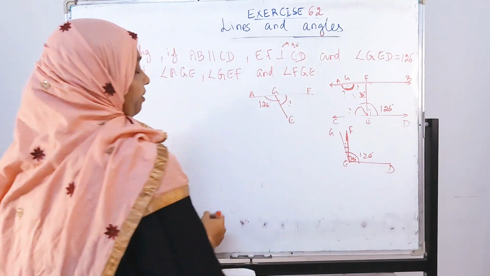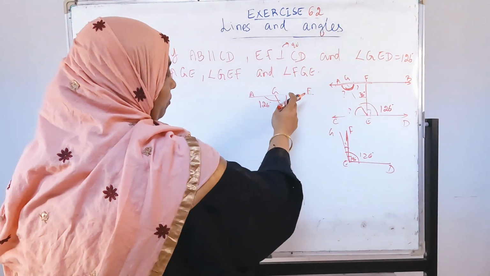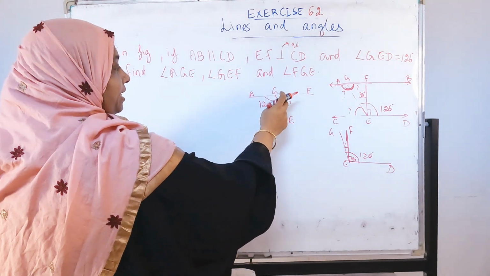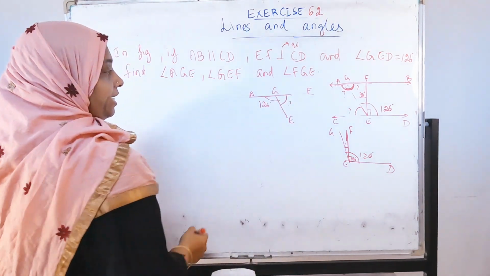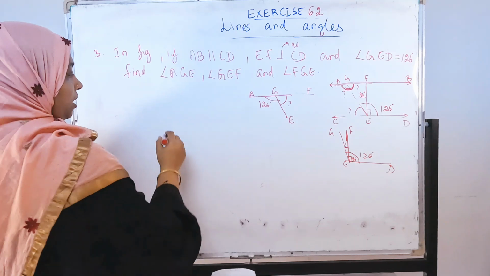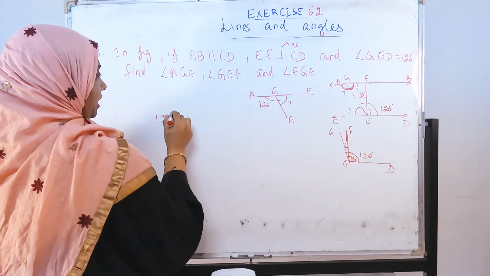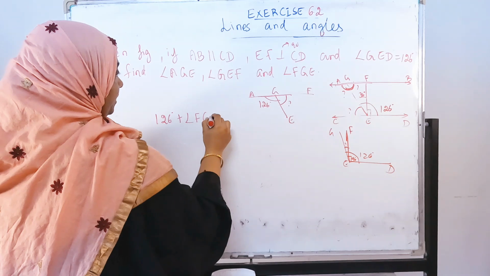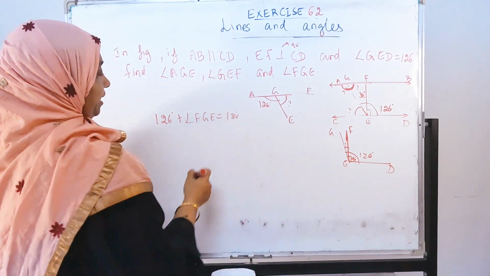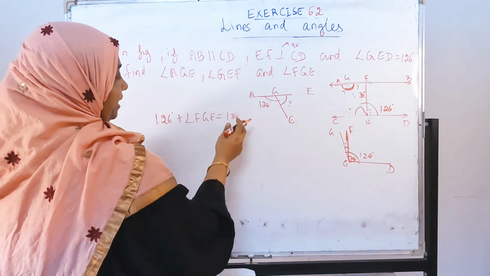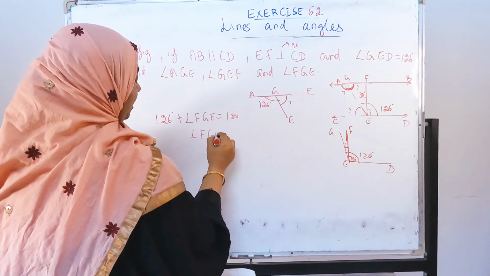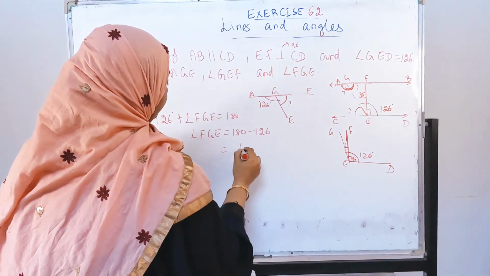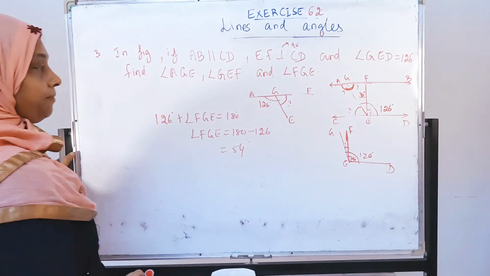This only I want. So what we have to do? We will add these two angles. This is a line, so linear pair of angles we can use. So 126 degree plus angle FGE is equal to 180 degree. Now bring this side and subtract. FGE is 180 degree minus 126, 54 degree.